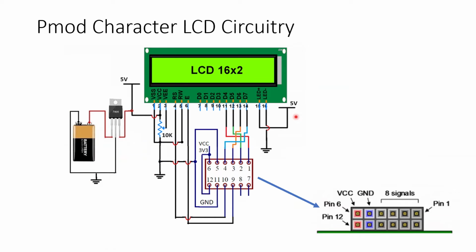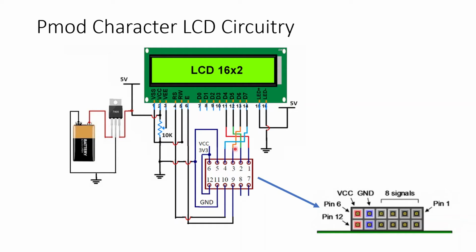Moving on, this is the circuit of the PMOD character LCD. We have the 4 data bits, wherein we need to write the upper nibble and the lower nibble for the command as well as data. The LCD is connected to the PMOD in this way: pin 1 to D4, 2 to D5, 3 to D6, and 4 to D7.